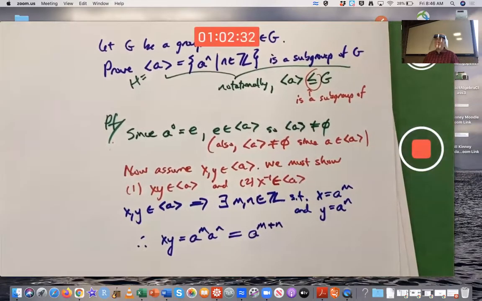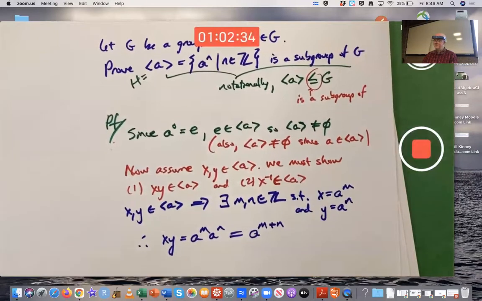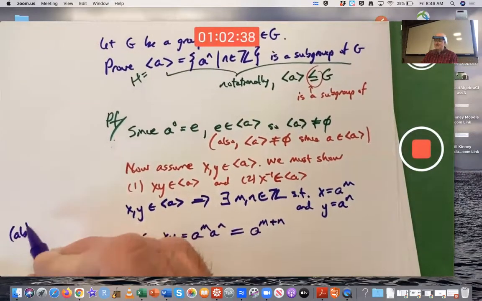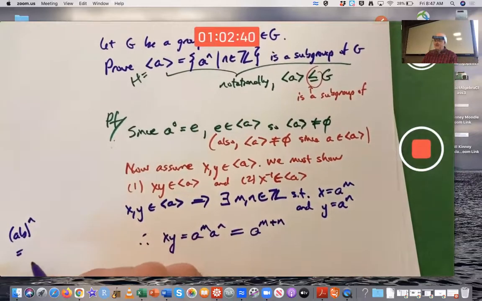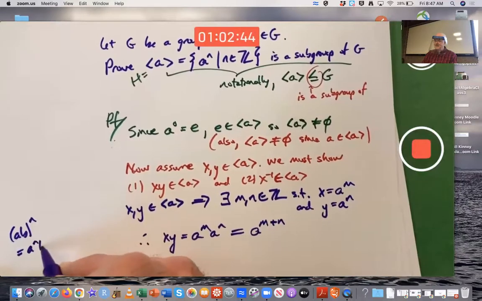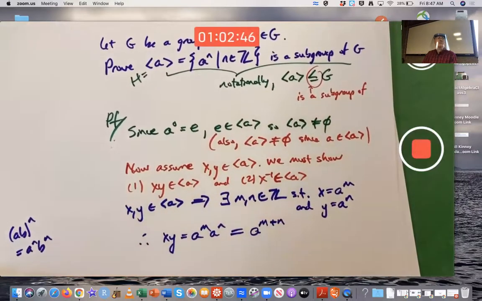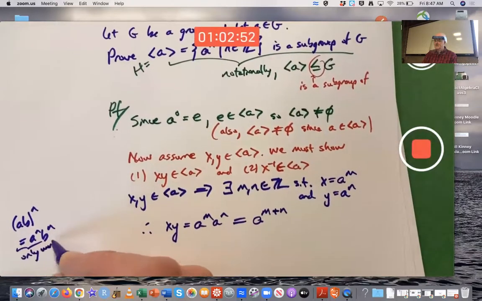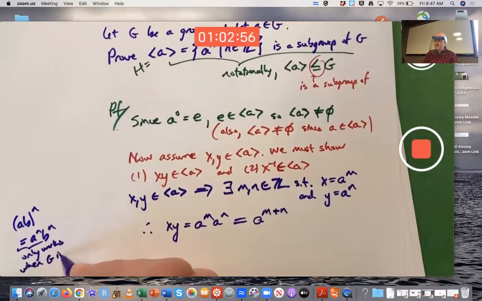What's not true when the group is non-abelian is if you've got two distinct elements, you multiply them and raise that to the n. This is not true if G is non-abelian. This only works when G is abelian.